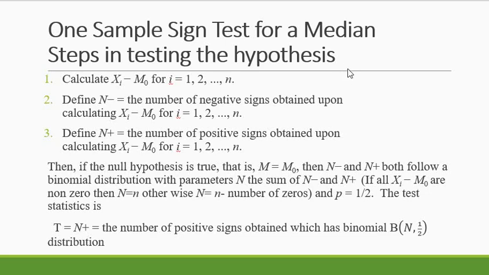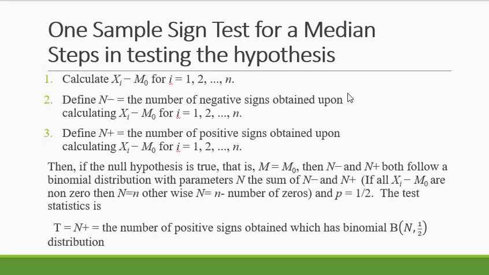And we say capital N, the total number of observations used for the test, is N plus plus N minus. So that is the total number of non-zero values. If no 0 occurs, then capital N is equal to small n. Otherwise, it is n minus the number of zeros that occur.